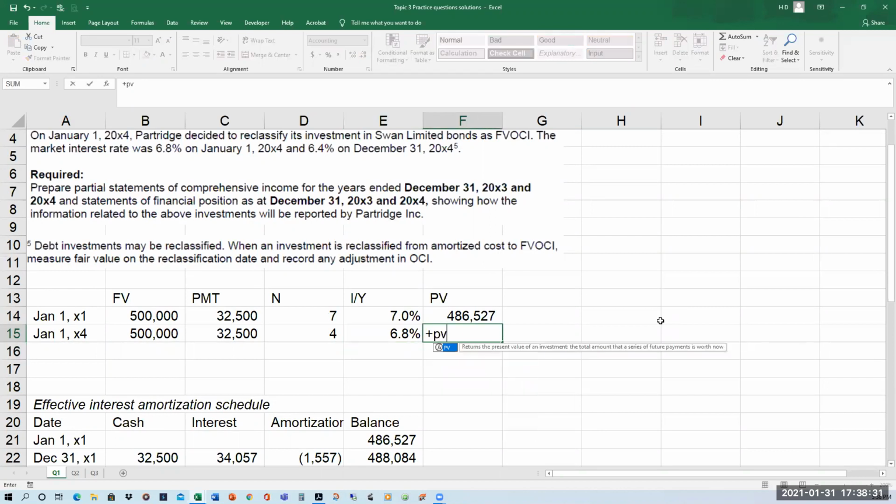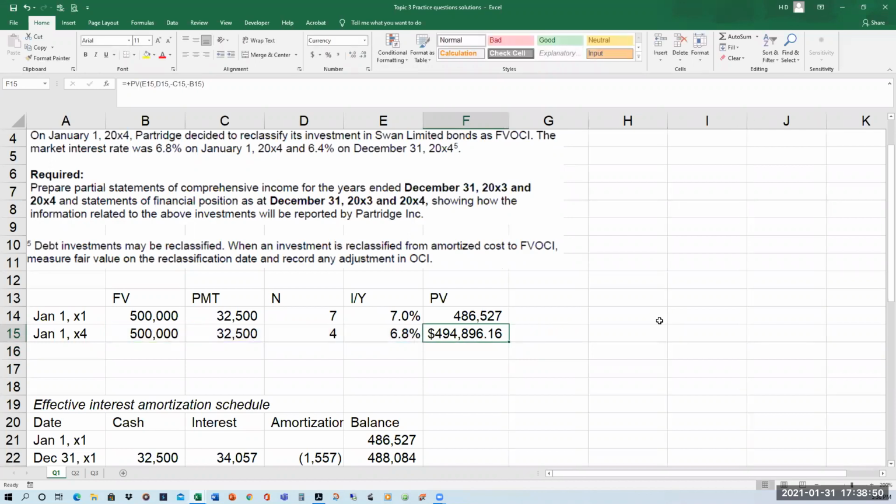If we calculate present value, the rate is 6.8%. Number of periods, 4. The annual coupon payment is 32,500, and the face value is 500,000. So if I calculate that, I get 494,896 and 16 cents.